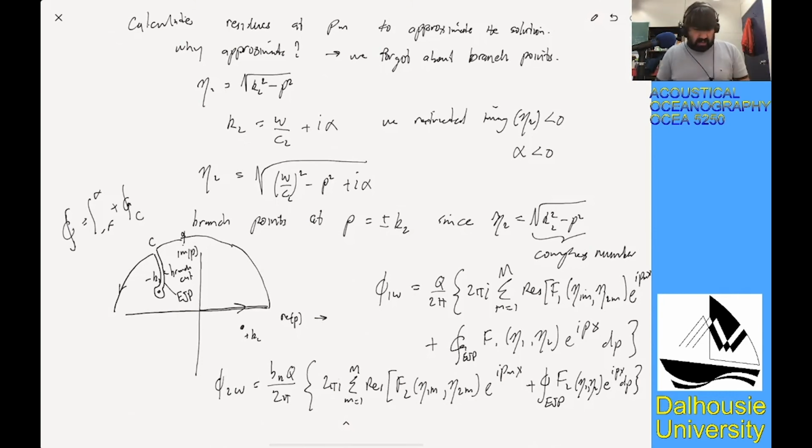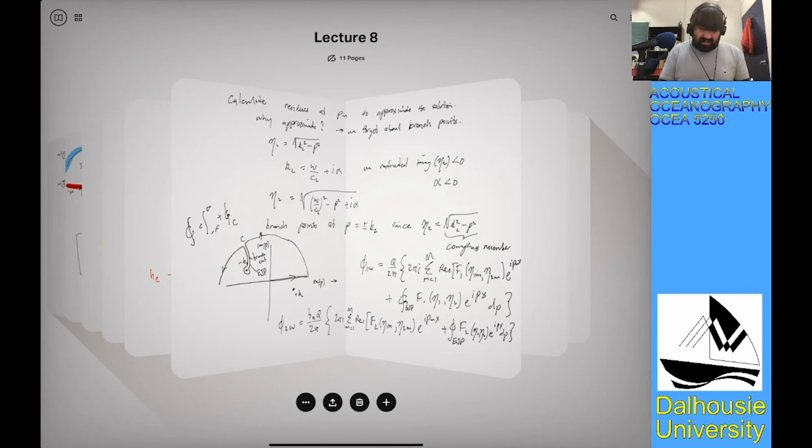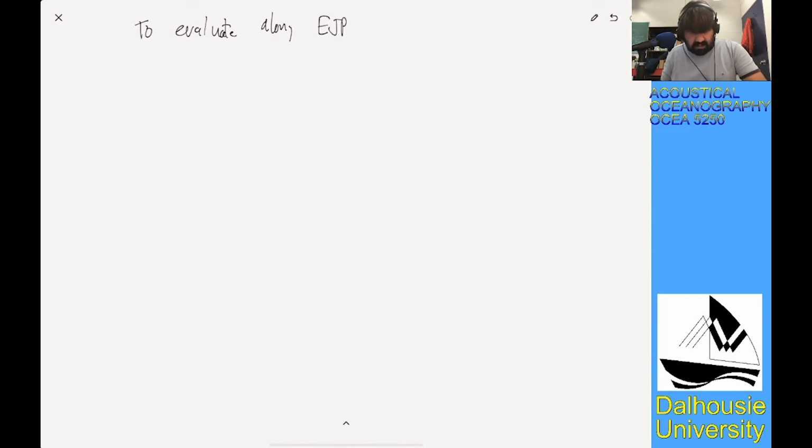So how do we evaluate the integral along that path that we haven't even fully defined? It's a bit annoying, okay? So we need to investigate this a little bit more closely to evaluate along the EJP cut. First of all, let's recall that eta 2 must be negative, right? And that's everywhere. Must be negative everywhere.